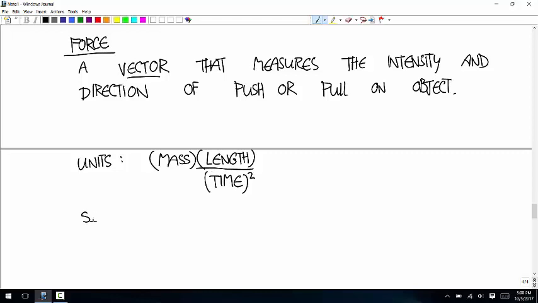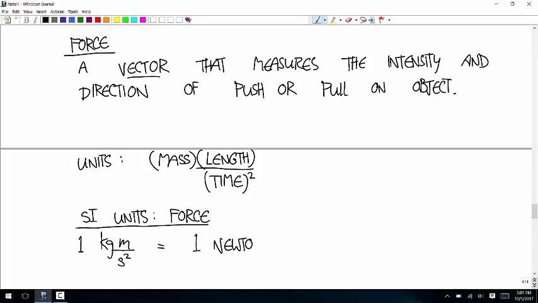And so SI units for force would be kilogram meters per second squared. Force is a quantity that we use all the time, and that's a really cumbersome unit, so it was given its own name. So 1 kilogram meter per second squared is equal to 1 Newton, abbreviated N.